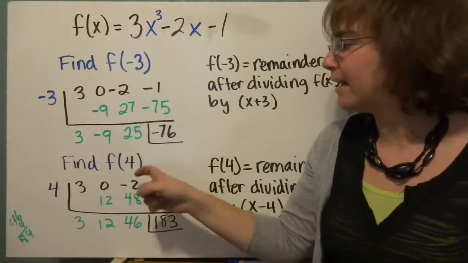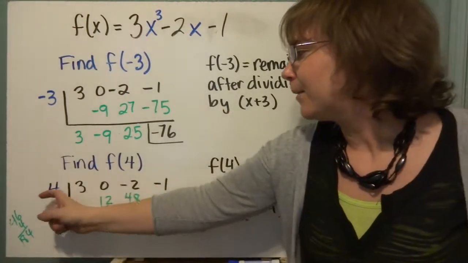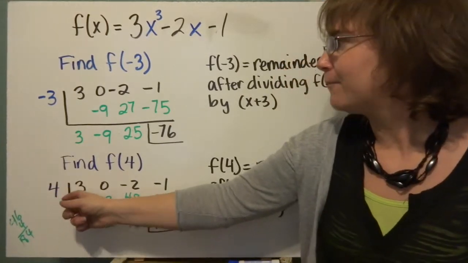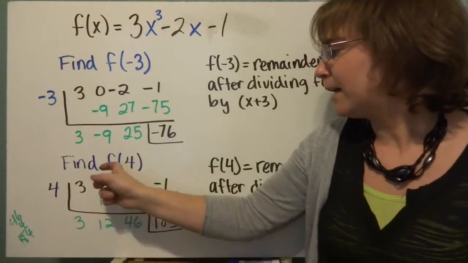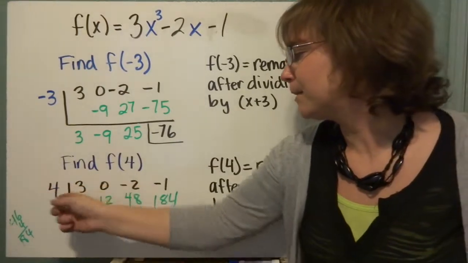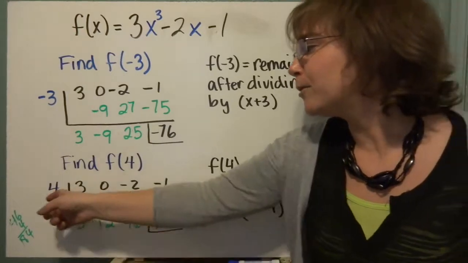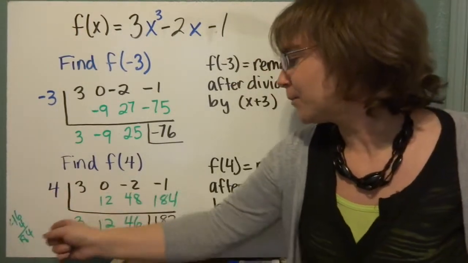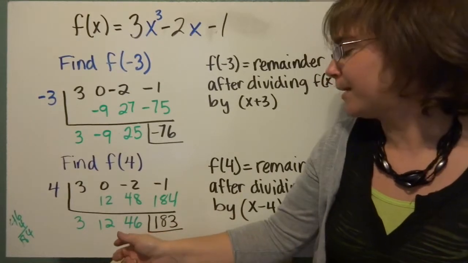Now let's also try f of 4. Now 4 cubed is a pretty big number. So I'm going to put 4 here, and I have my coefficients from above. Bring down the 3, 12, add, and I have 12. 12 times 4 is 48. Add, and that's 46. I'm going to do 46 times 4 over here. That's 184, and that's a lot easier than doing 4 cubed over there and multiplying it by 3.